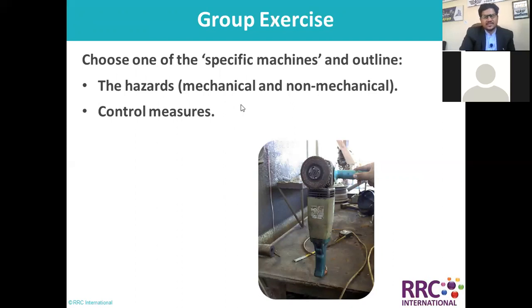Like your practical example, you can choose any specific machine. You are more knowledgeable and technically sound, but at least you must be capable of identifying mechanical and non-mechanical hazards. And we discuss a lot of examples of mechanical and non-mechanical hazards and what control measures you're going to implement.